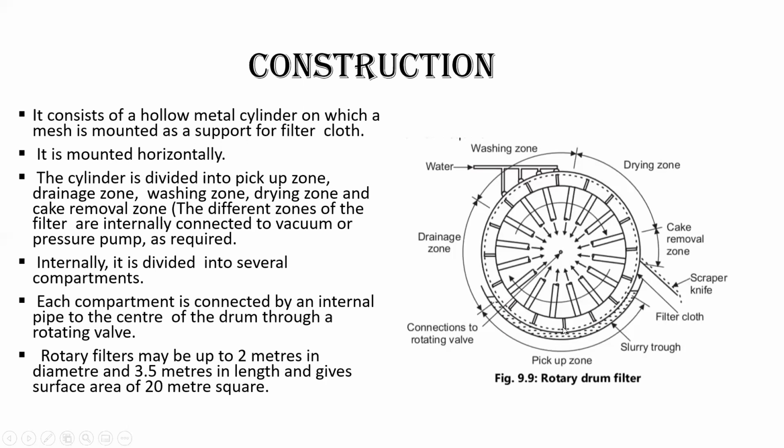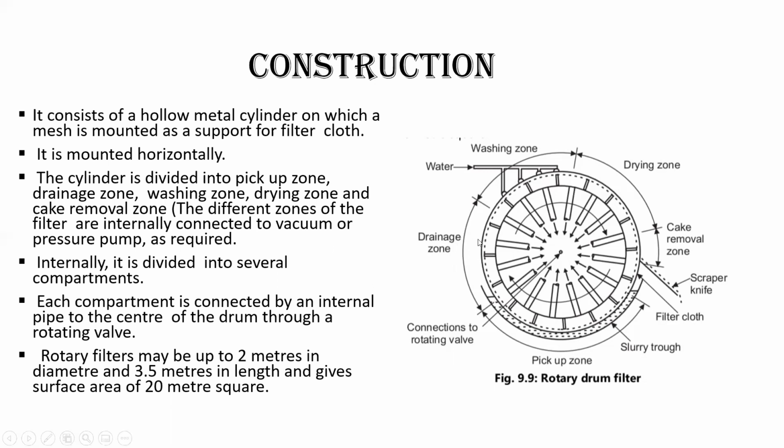Then the drum will be passed to the drainage zone, where the excess liquid present in the cake will be removed, and due to this the cake will be compressed, which is helpful in increasing the efficiency of the washing and drying process.